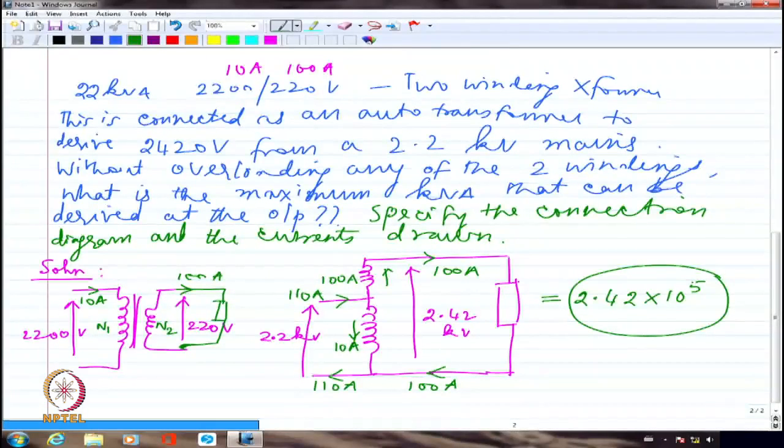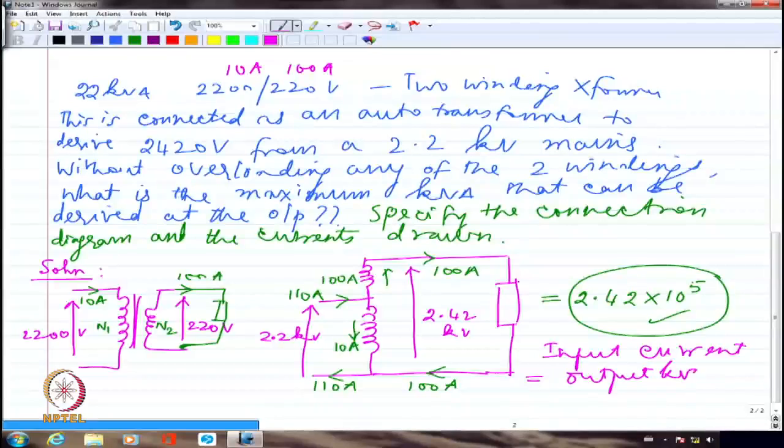Output kVA I have designed first. I have derived first. So input kVA has to be exactly same as this. So I should say input current, if I have to derive, input current has to be actually whatever is the output kVA divided by input voltage, because I am assuming input kVA equal to output kVA.